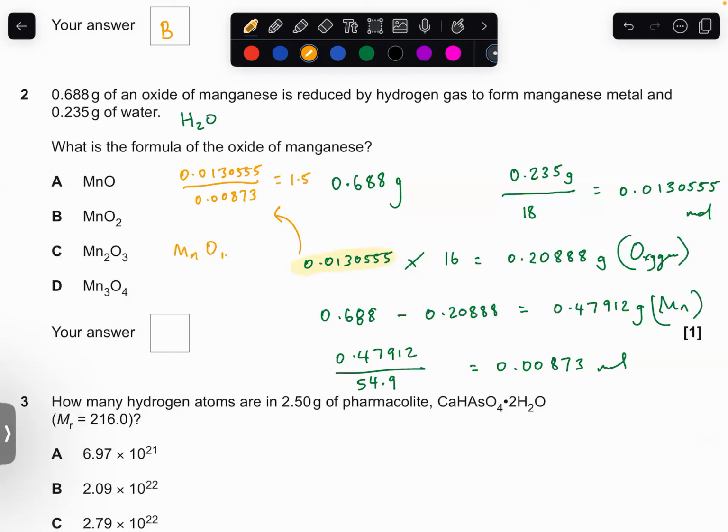You can't really have a 1.5 and a 1, so we need to multiply that by 2. And that will give you a 2:3 ratio. Moving on.